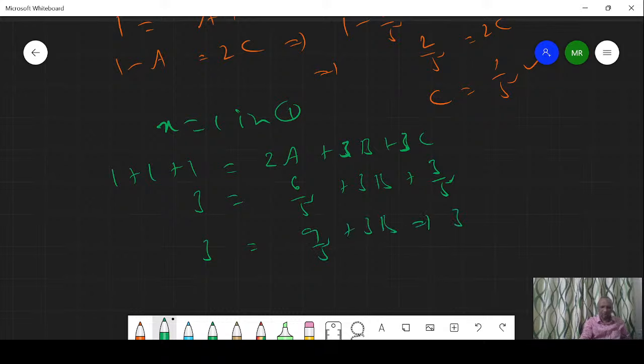Then 3b equals 3 minus 9 by 5, which comes 6 by 5. Then b is equal to 2 by 5.